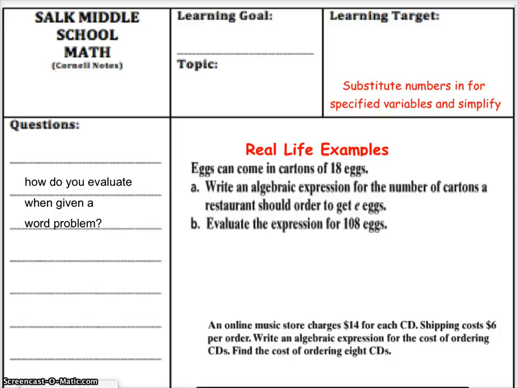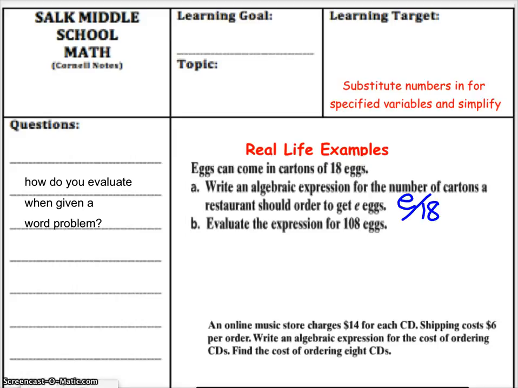So if a restaurant wants 300 eggs, you want to see how many 18s there are in 300 in order to order it. So you should do the eggs you want, divide it by how many in one carton. Eggs divided by 18.